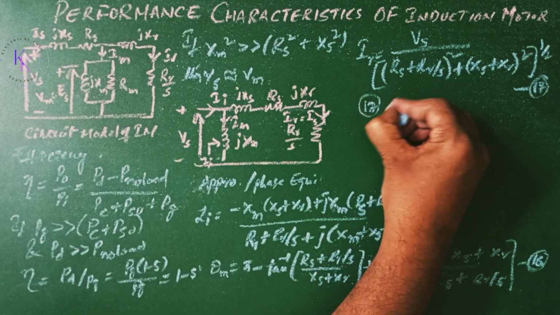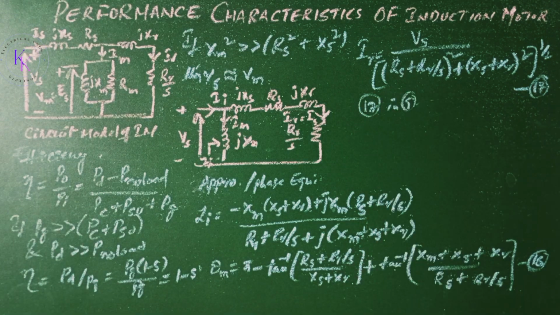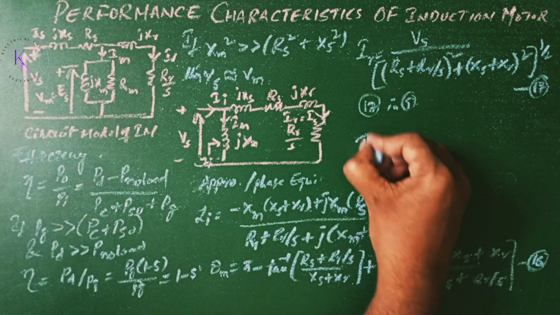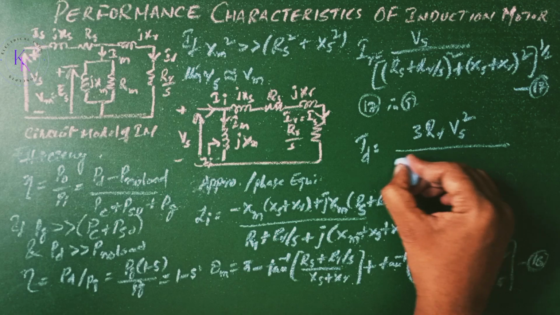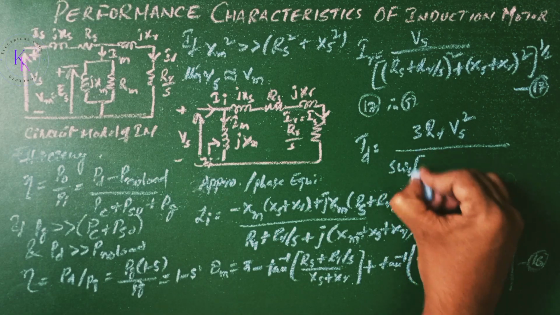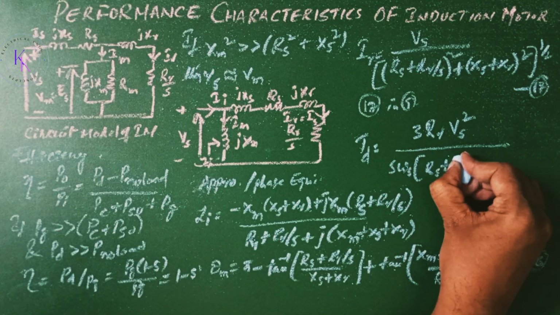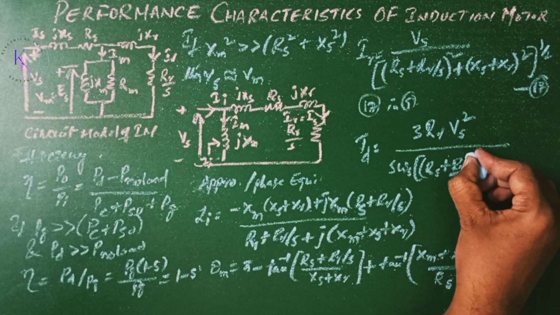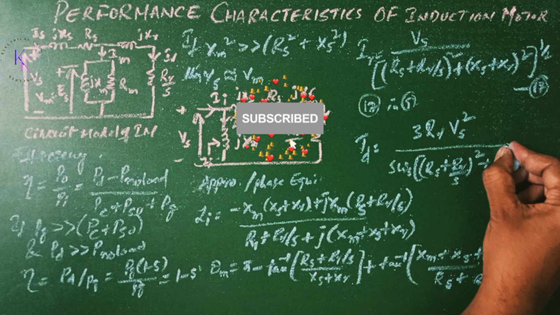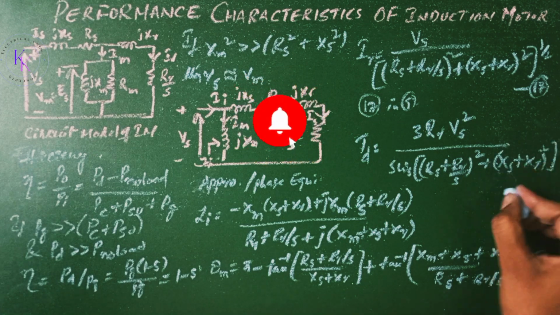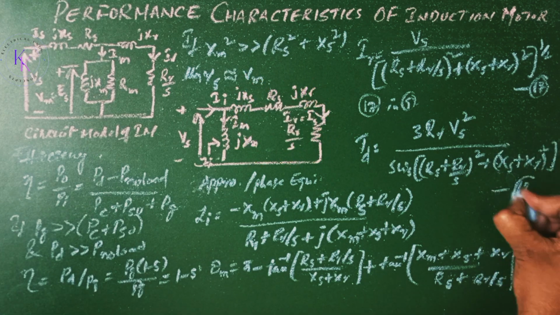Substituting 17 in 9, and then equation number 12, yields TD equals 3 Rr Vs square divided by S omega S times Rs plus Rr by S whole square plus Xs plus Xr whole square. Let this be equation number 18.